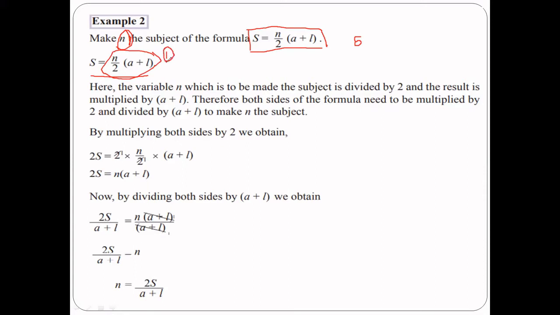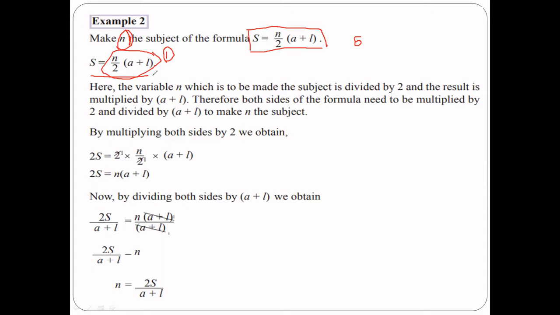In the previous one, there were two terms. But here there's only one term because n over 2 into this bracket, all are combined by multiplication. Though there's an addition sign, you can't subtract L from this because that is in the bracket. Okay, there's only one term.